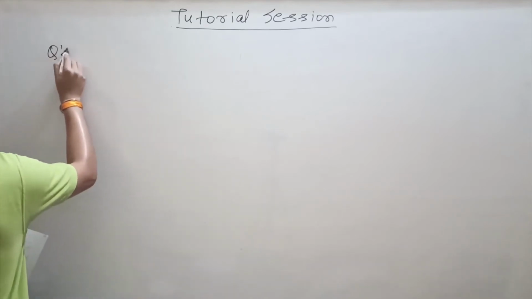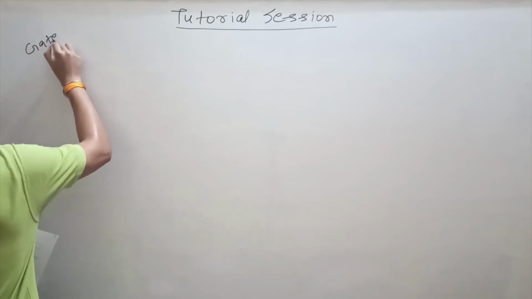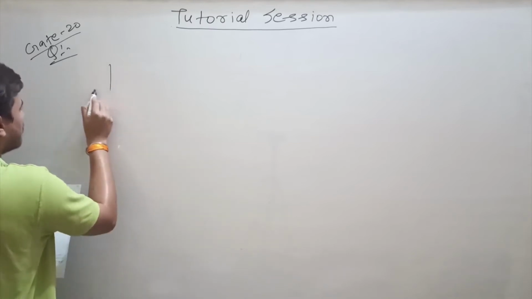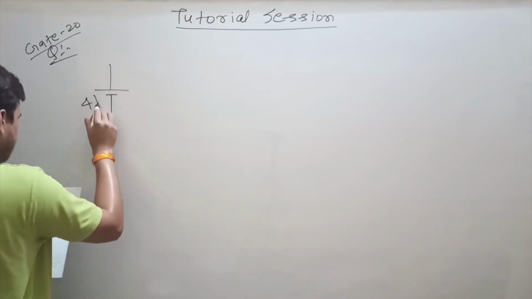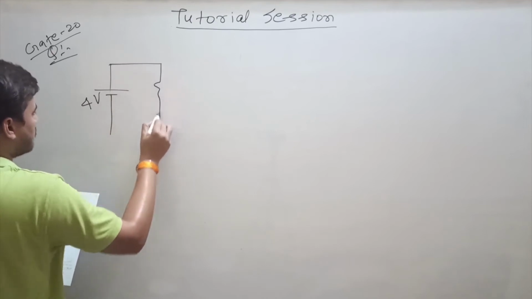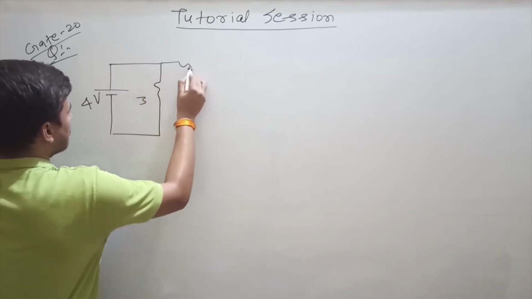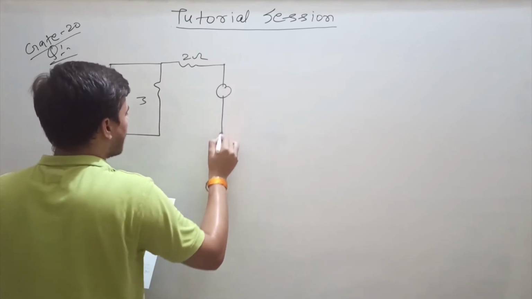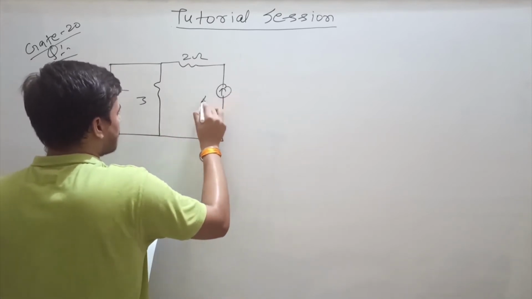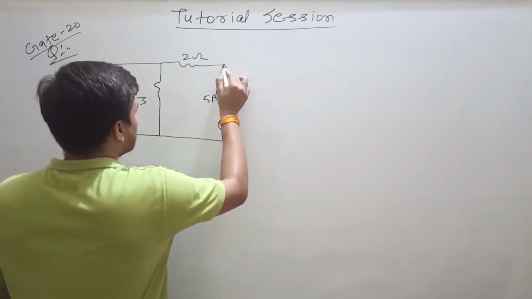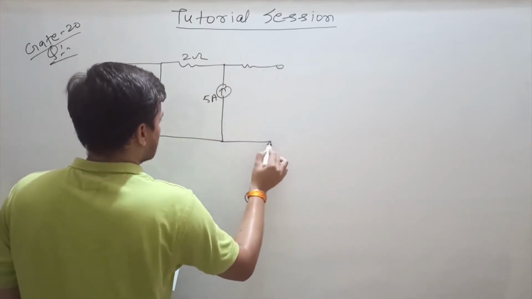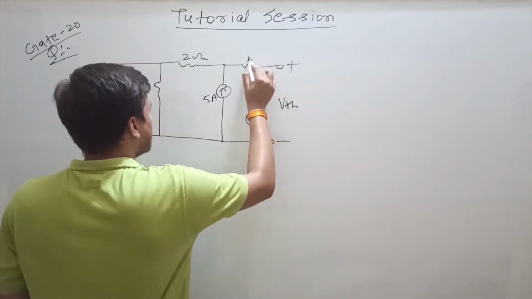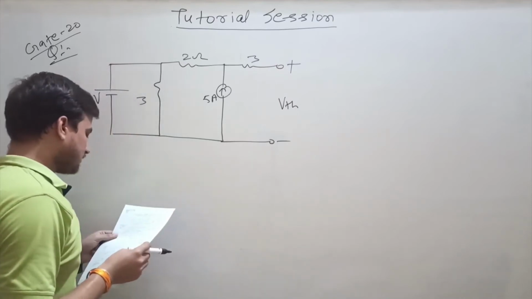See, this question was asked in GATE 2020 Electrical Engineering. It is given that you have a battery of 4 volt potential, then a 3 ohm resistor, then a 2 ohm resistor, then a current source of value 5 ampere, then plus minus VTH, and it is 3 ohm.